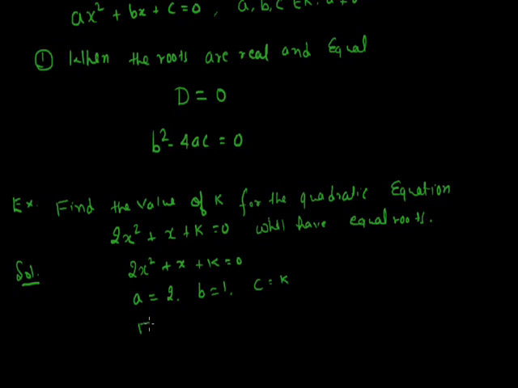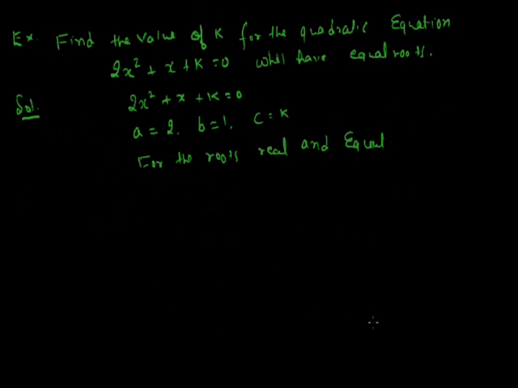Now for the roots real and equal, D will be equal to 0, or we can say b square minus 4ac will be equal to 0.